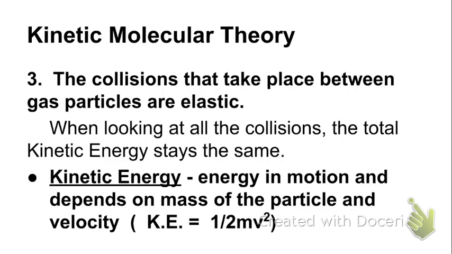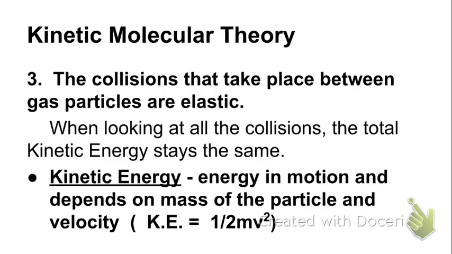So when these hit the side of the container and one another, they don't stick together. They bounce off one another and they continue to have their same amount of energy before and afterwards. So that energy doesn't change in them. Okay? So we say that their collisions are elastic. That the energy before and the energy afterwards is the same.